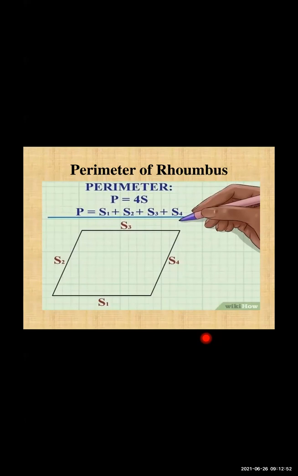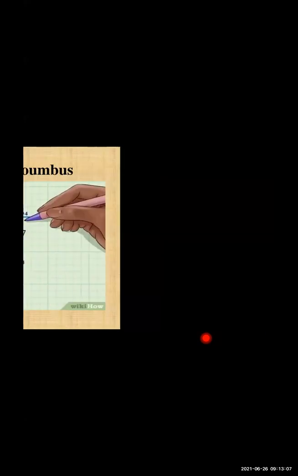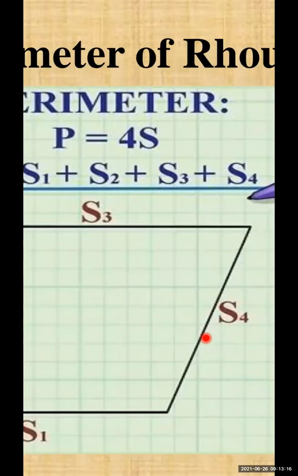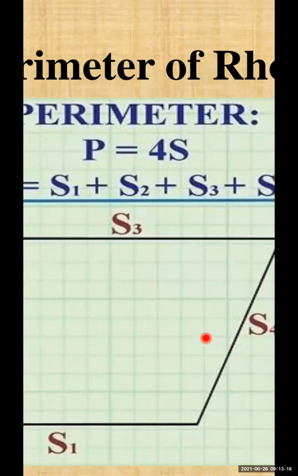Now what is the perimeter of a rhombus? I told you, for perimeter there is no such formula. Just add the sides. Whatever the sides are given to you, just add them. See here, the side values are given as s1, s2, s3, s4. Just add them. And here the perimeter formula can be written like this also: P is equal to 4 into s.